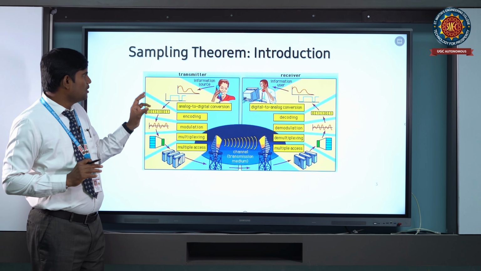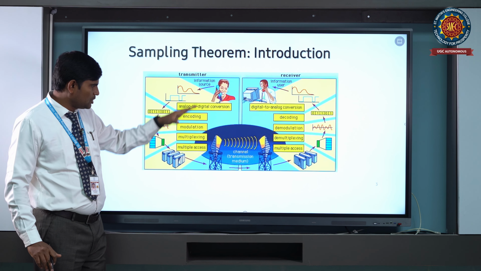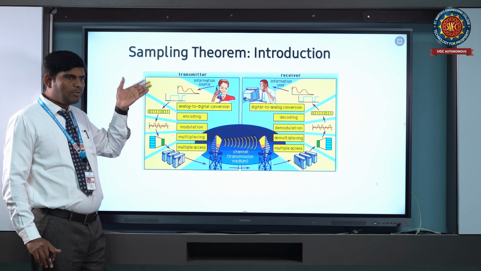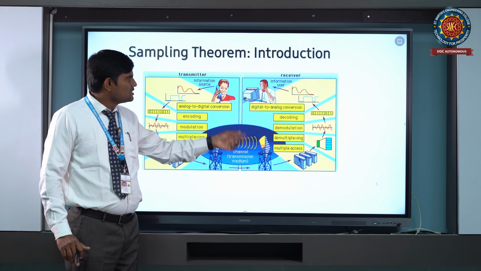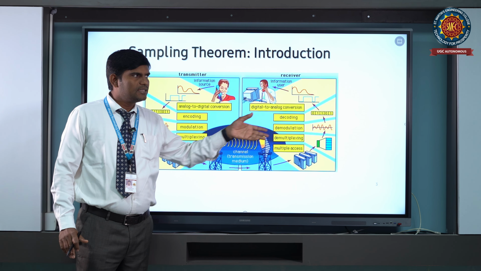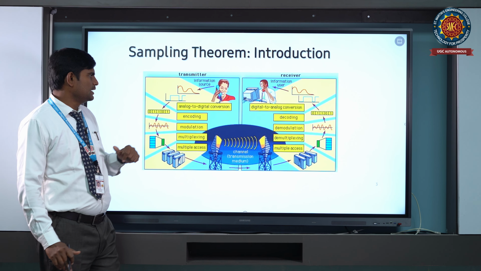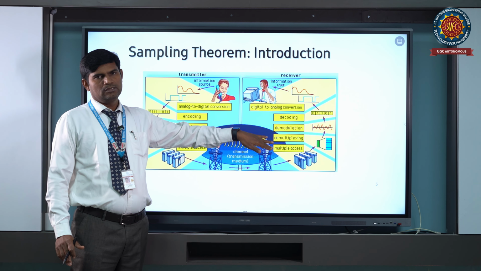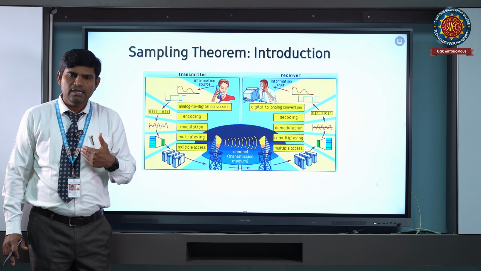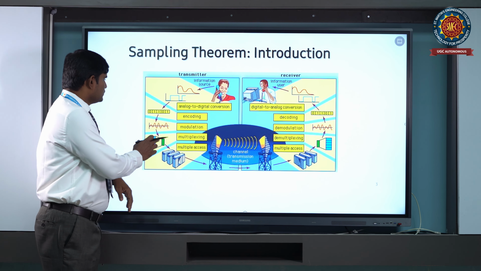So at the transmitter side, the analog signal is converted into digital, then multiplexed and transmitted into the communication channel, and at the receiver side exactly the reverse procedure has to be performed. That is, digital data has to be converted into analog. There also we need to maintain the sampling theorem conditions.